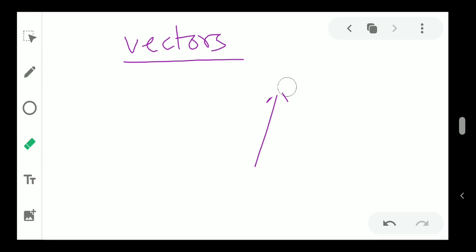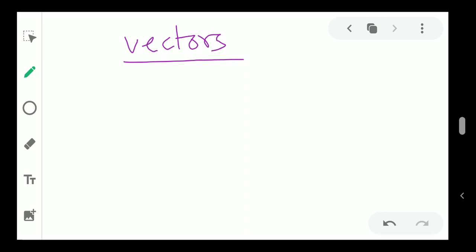There is something called null vector. Now we will come to this null vector after some time. Null vector means the magnitude is 0, though there is some direction. But before we understand this, we have to understand how a vector quantity is represented.